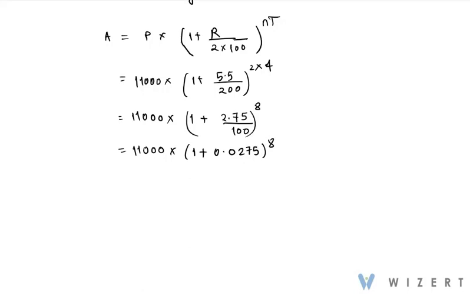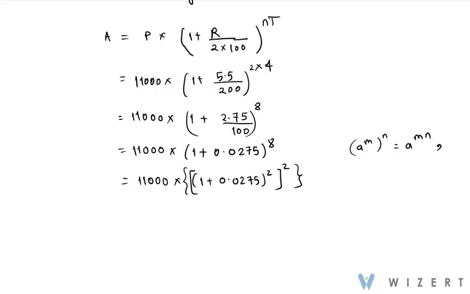Now using the exponent law, a to the power m whole to the power n equals a to the power mn, we can write 11,000 multiplied by 1 plus 0.0275 whole to the power 2, again to the power 2, and again to the power 2.